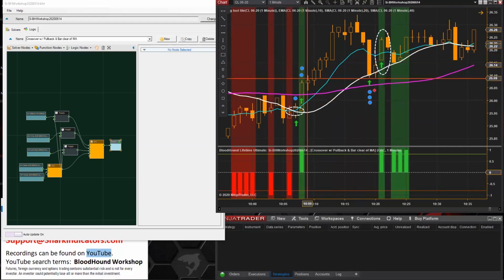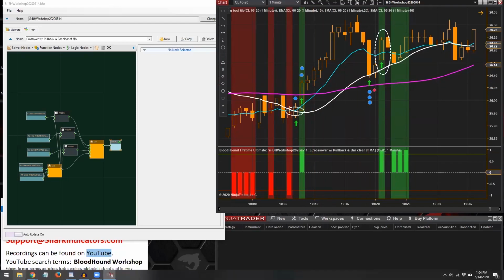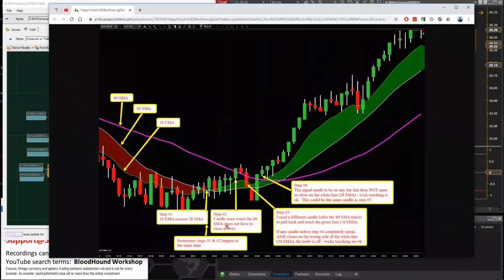But step number 2 and step number 3 need to be separated by a couple of bars here. We'll see, where is that? Yeah, here we go. So the qualification here for step number 3 is we need a different candle. So after the SMA 40 touch, then the pullback.